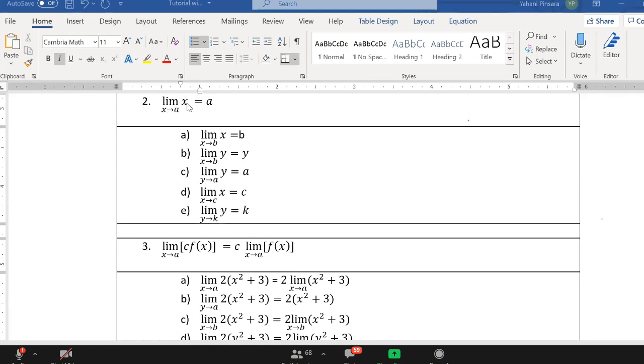Here only x is there. x to the power 2 is not there, 2x is not there. You are saying that if we have x to the power 2 here, the answer should be a to the power 2. It is not correct, because here the variable is x. So I'll explain it.